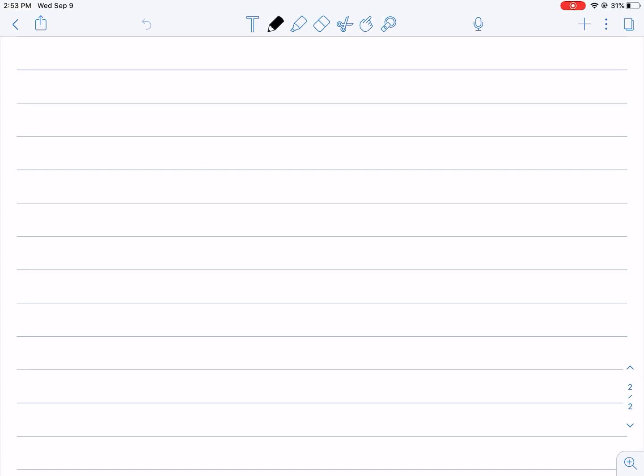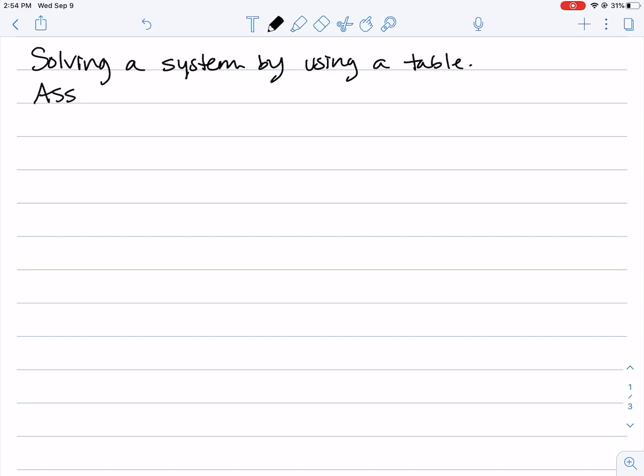Let me write that down. Solving a system by using a table. This is where we're going to assume that your x and y values are whole numbers.